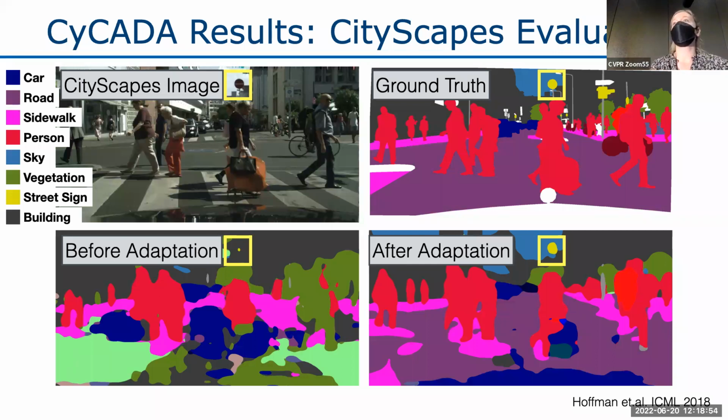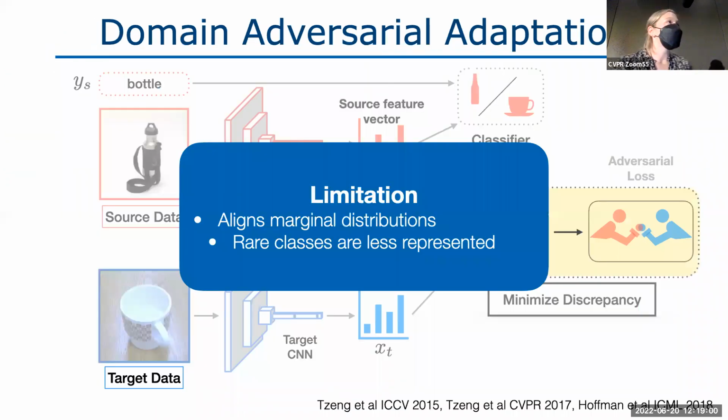The difficulty here is that your data set hasn't necessarily been curated. So this limitation of using marginal statistical alignment techniques is a real one that we have to contend with. It means that our rare classes are not going to be as well adapted. It means that overall, we're going to be biasing our adaptation towards the common classes.